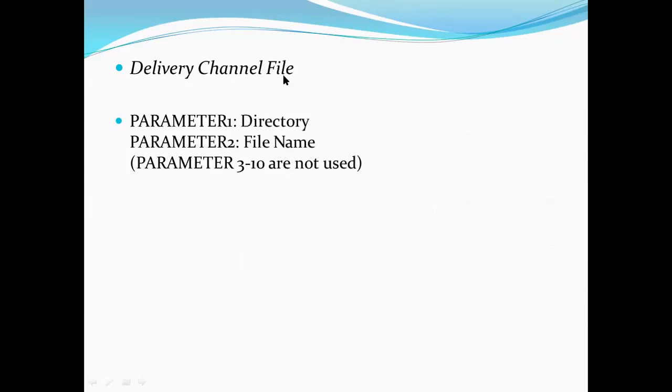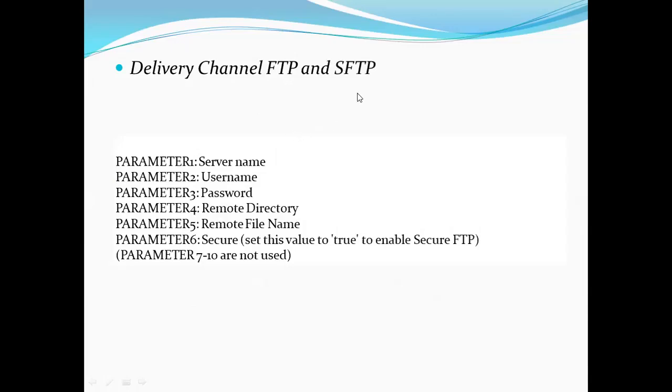And for the delivery channel file, it is the directory and the file name. For FTP or SFTP, you can use the FTP-related options: parameter 1 is the server name, 2 is the username, 3 is the password, 4 is the remote directory, 5 is the remote file name, and 6 is secure FTP or not.